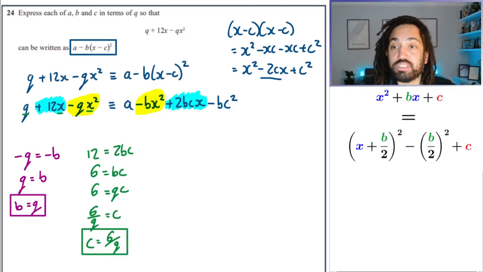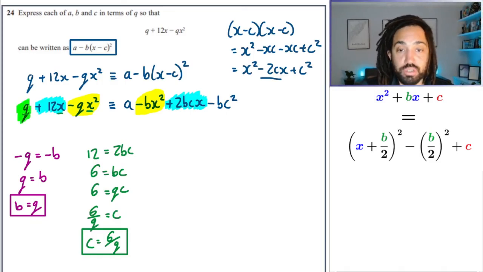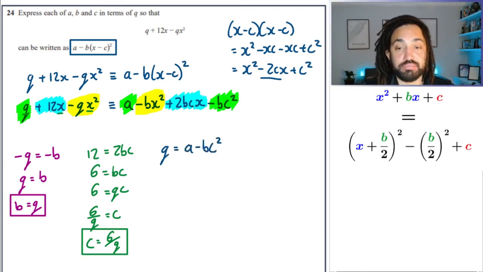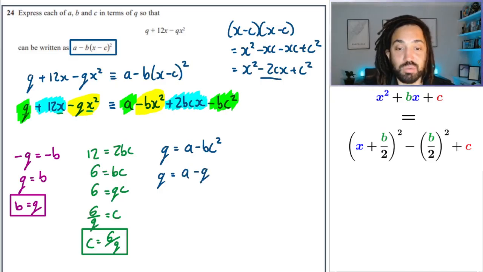And then the final thing to do would be to look at the constant term. So we've got q on one side, and we've got a and minus bc squared on the other side. So q is equal to a minus bc squared. What's a? We don't know a, that's what we're trying to find. What's b? It's q. What's c squared?